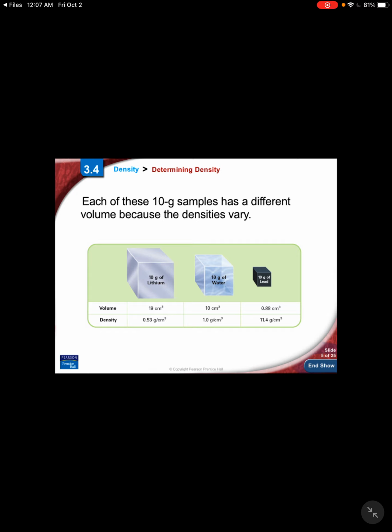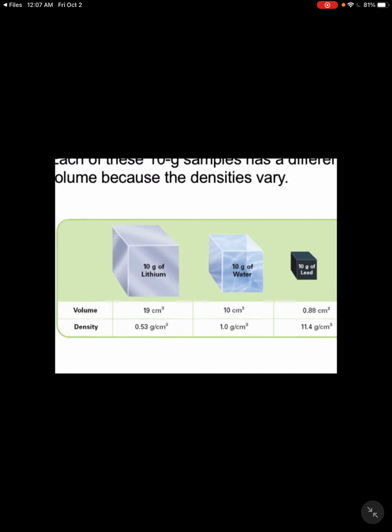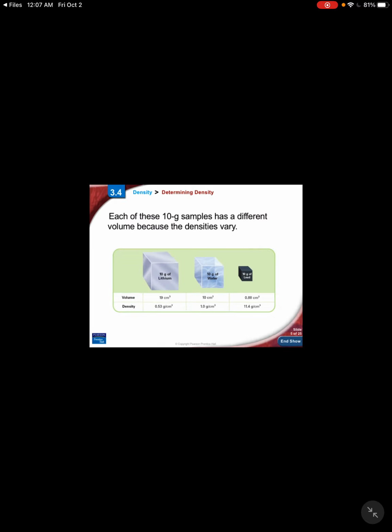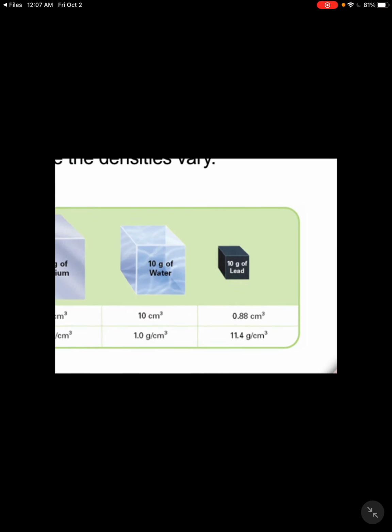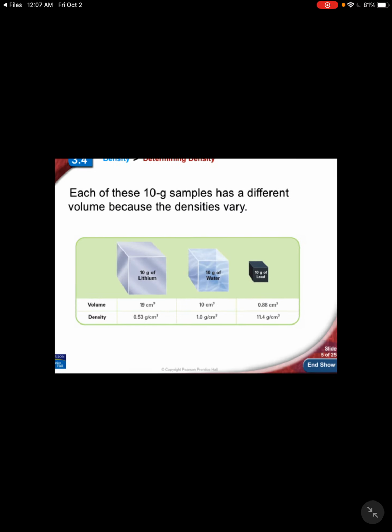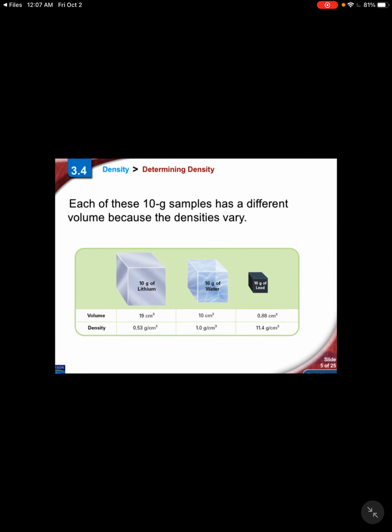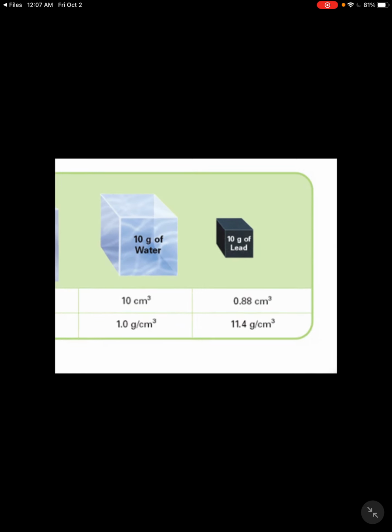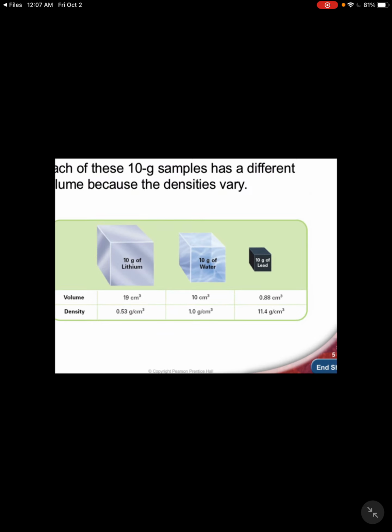So let's talk about some examples. Here's a few items. 10 grams of lithium would have a volume of, I can't quite see that value, 19 cubic centimeters. Water, of course, 10 grams would have 10 cubic centimeters of volume, or 10 milliliters. And a 10-gram sample of lead would have a volume less than 1 milliliter.